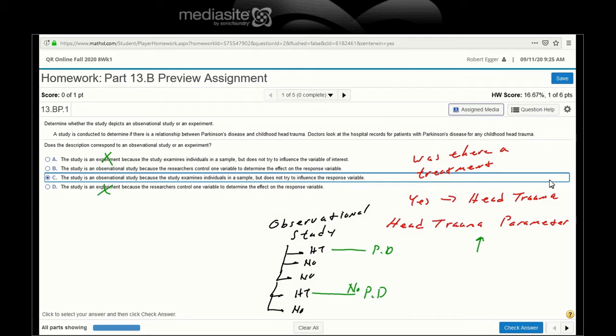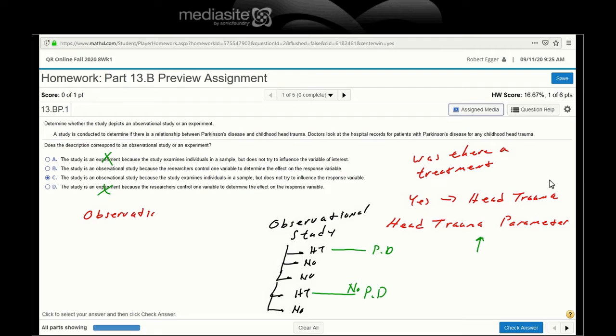And what else they could have done is either start this way, or another way to have done this observational study, and how they did it was you had Parkinson's disease. Okay, PD, Parkinson's disease.